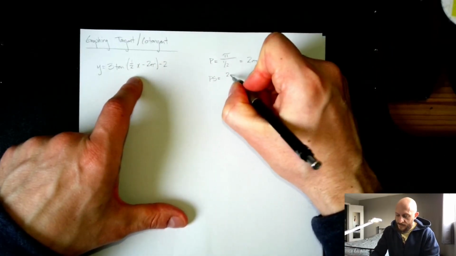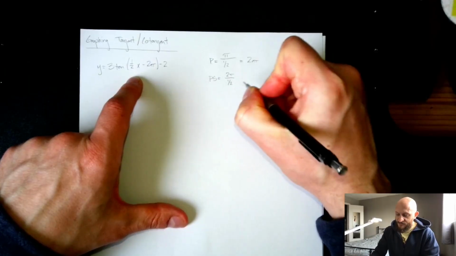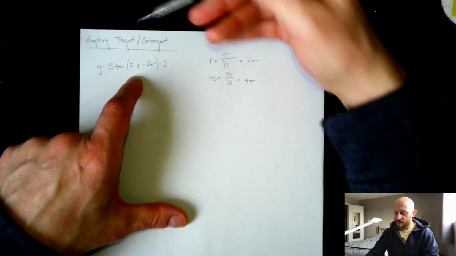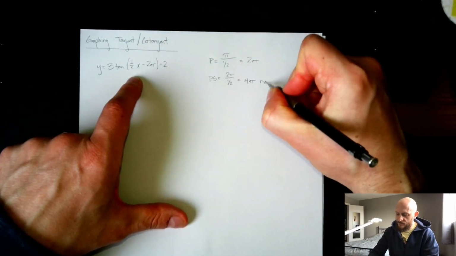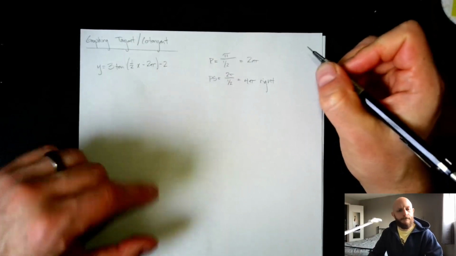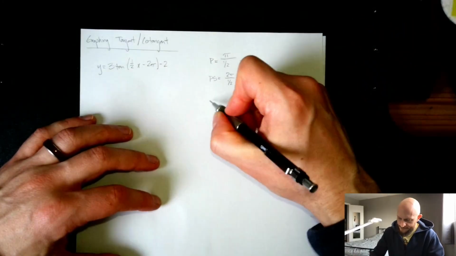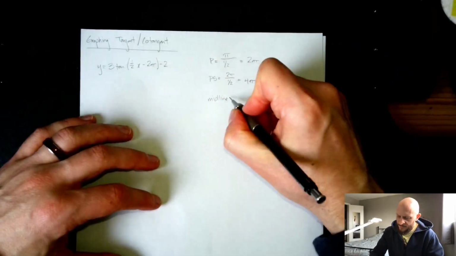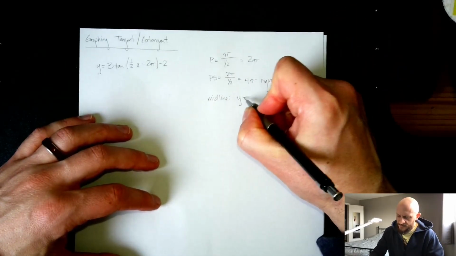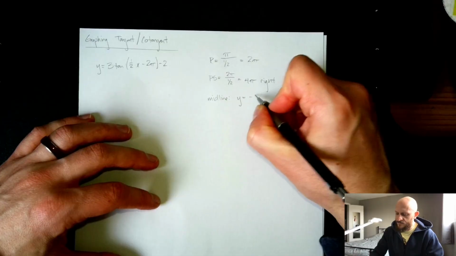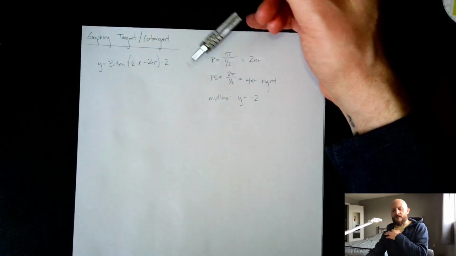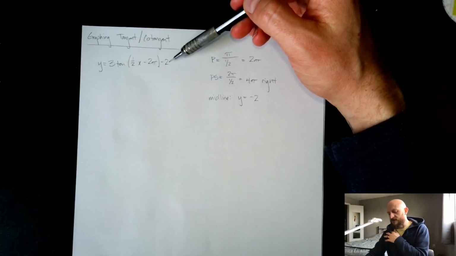So 2 pi over 1/2, which is 4 pi, and since there's a minus sign here, that's to the right, 4 pi units to the right. We can also say what the midline is, which is nice and easy. The midline is -2. It's just given by d, whatever this constant is that is added on here. That's the midline.